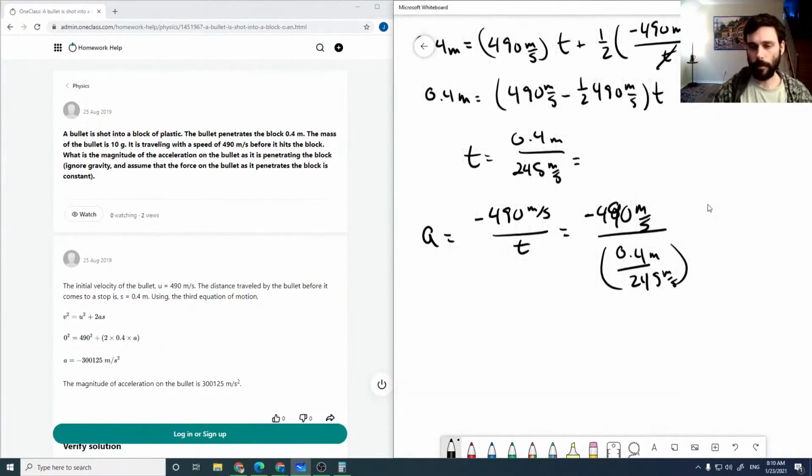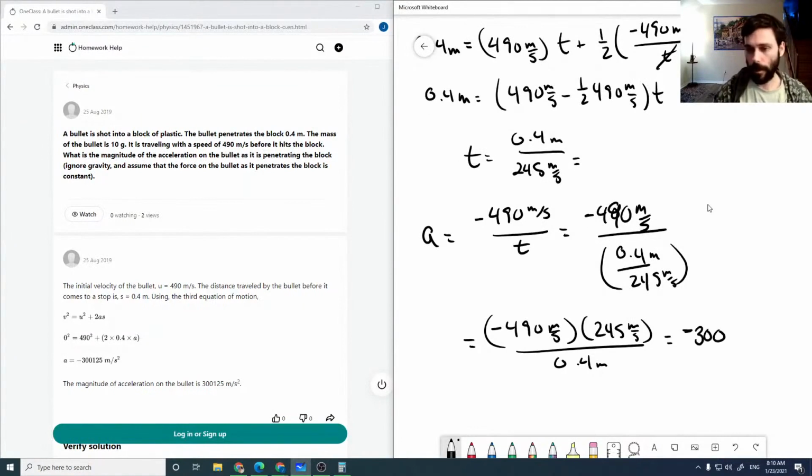Which this flips around, so this would just be 490 times 245 all over 0.4, which is minus 300,125 meters per second squared.